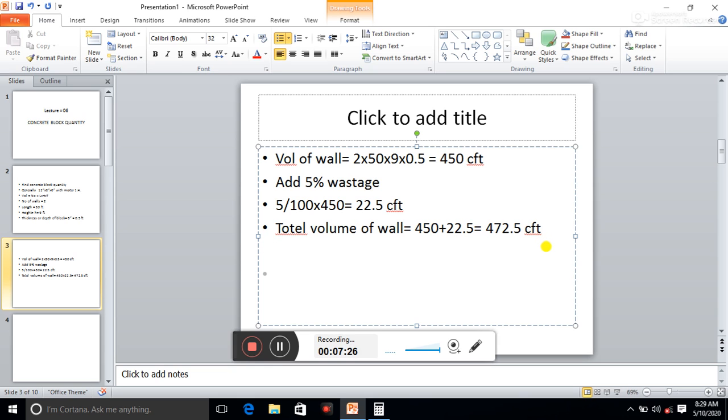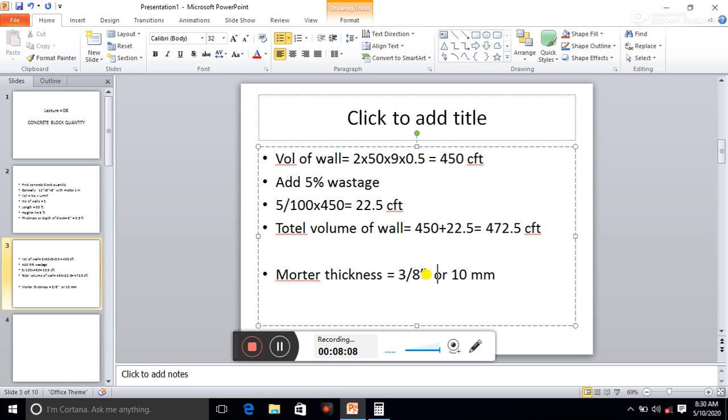Now in the second step we will find the volume of one block with mortar. Mortar thickness is equal to 3 divided by 8 inches, or 10 mm. Now we will find the volume of one block.